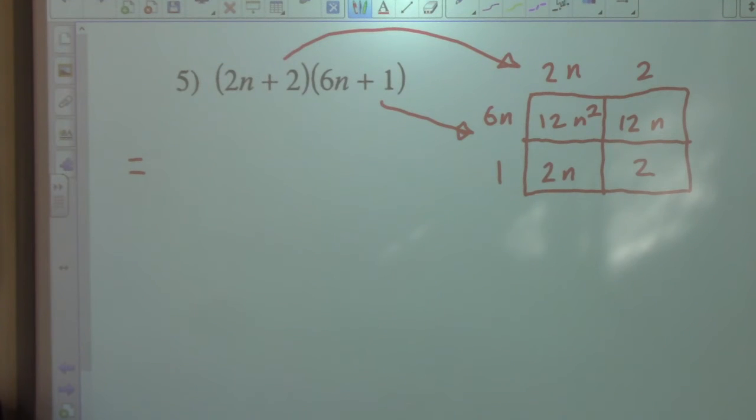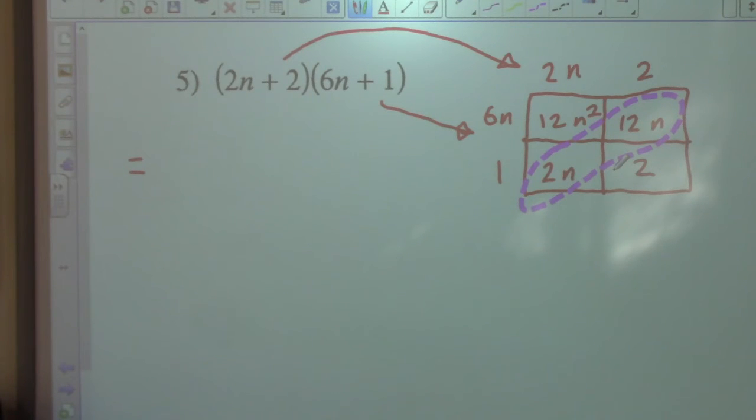And so what you're going to do now is take these two together, which I circle like this. What are these things right here? They're called what Luke said earlier: like terms.